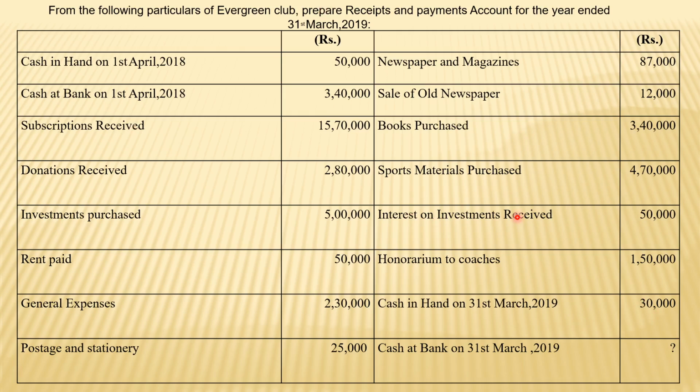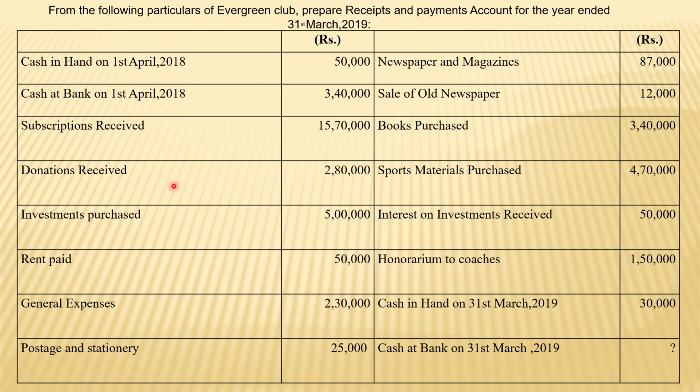Here all the items are cash transactions, so all should come. Now from here, which one is a receipt and which one is a payment? Which one is a receipt will come on the receipt side. Which one is a payment will come on the payment side. It is easy to classify which are receipt items and which are payment items.